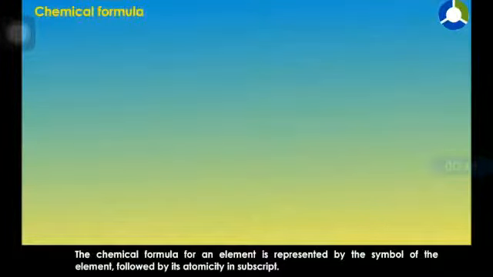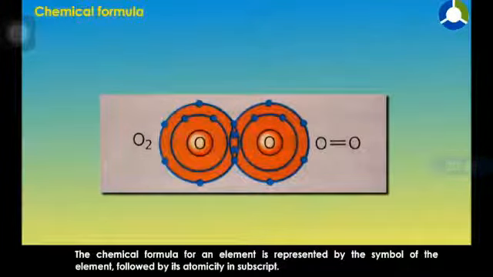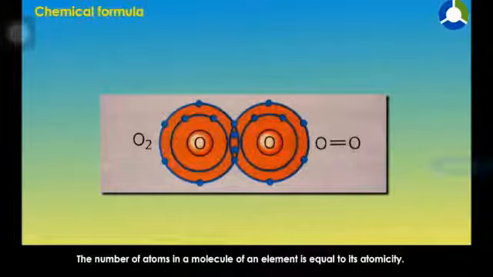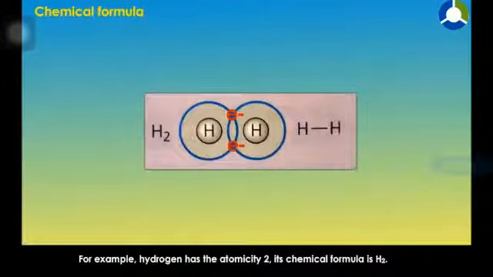The chemical formula for an element is represented by the symbol of the element followed by its atomicity in subscript. The number of atoms in a molecule of an element is equal to its atomicity. For example, hydrogen has the atomicity 2.